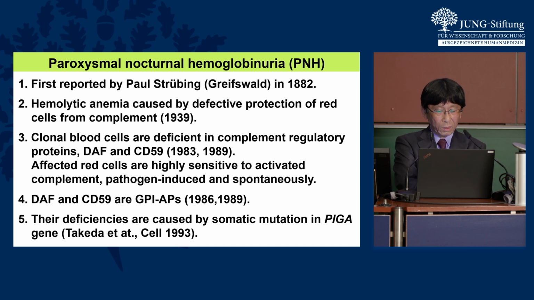And in the mid-80s, GPI-anchored proteins were discovered, and DAF and CD59 both turned out to be GPI-anchored proteins. In 1993, we found that the DAF and CD59 deficiencies are caused by a somatic mutation in the PIGA gene.